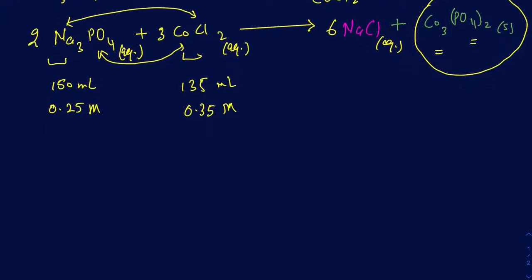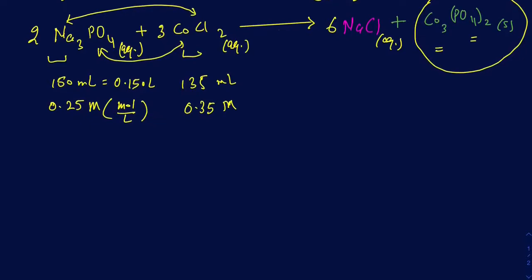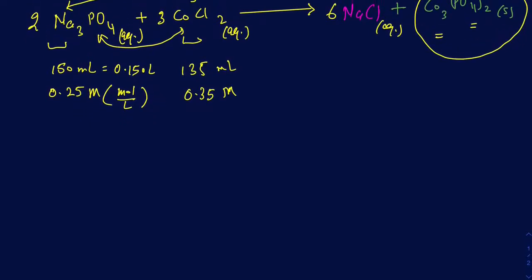So I have 150 milliliters of sodium phosphate. How much is that in liters? That's going to be 0.150 liters. And remember, this 0.25 molar is the same as moles divided by liters. So first figure out the moles of sodium phosphate.